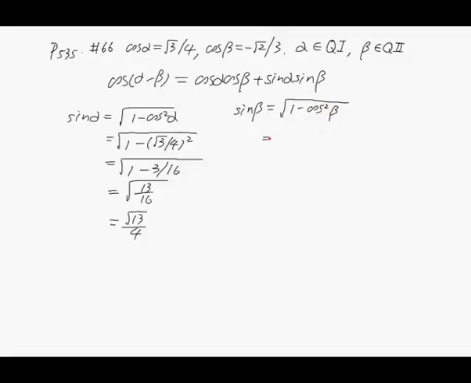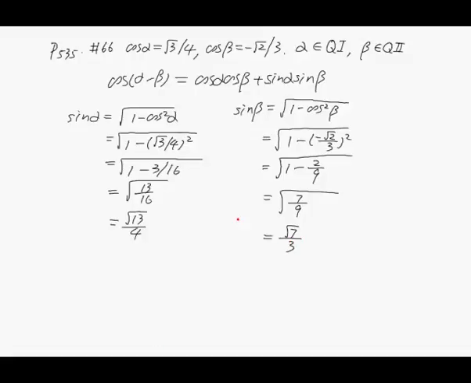So this is equal to the square root of 1 minus the square of negative root of 2 over 3, which is 1 minus 2 over 9. And then this is equal to 9 minus 2, you have 7, so 7 over 9, and then you have root of 7 over 3.